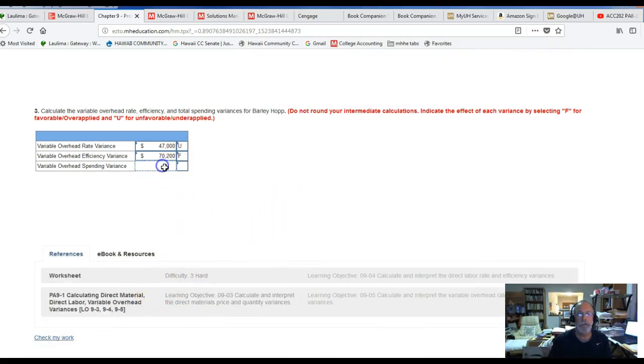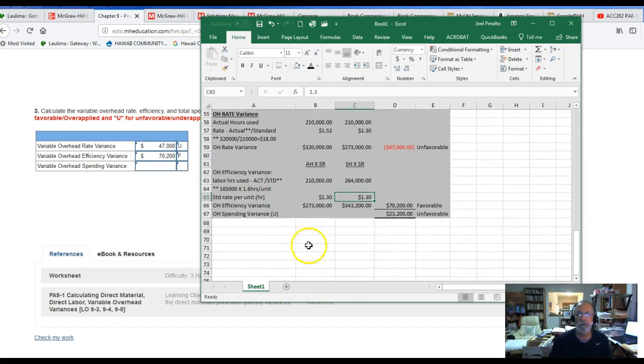And then to get the spending, we combine the two. We have our formula set up here. For overhead usage, our variance is 70,000 favorable. For overhead rate, our variance is 47,000 unfavorable.